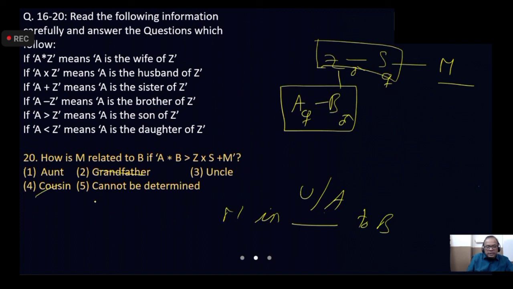Now in this set, if choice number 5 is either 1 or 3, we will pick that. Or if it mentions either uncle or aunt, we will pick that. Suppose they say we cannot determine, yes, with the given data, we cannot determine. So the best answer for this question is choice number 5, right?